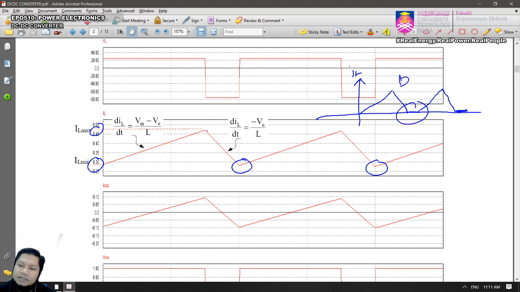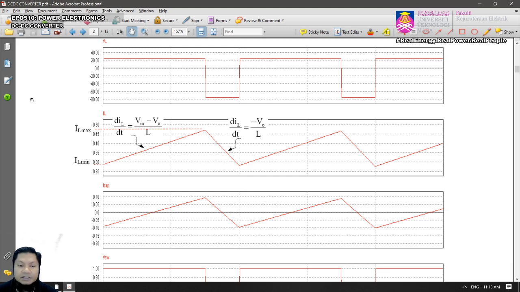This is known as discontinuous current operation, and V out will no longer equal V out of continuous. Discontinuous is no longer equal to continuous. All right, so let's look at this circuit waveform.